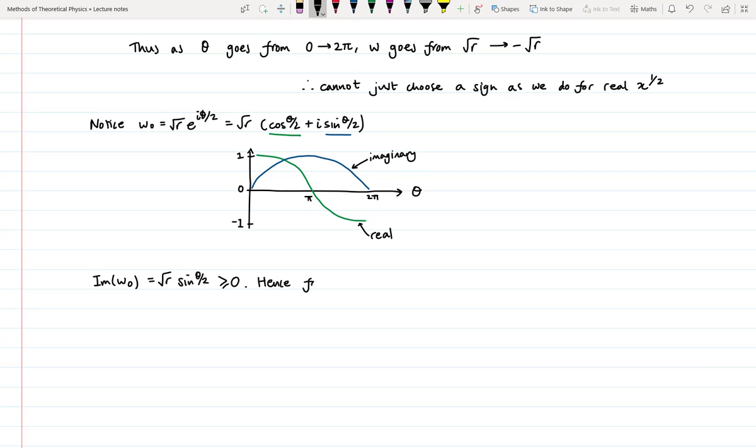Hence, for n equals 0, the function f of z is the square root of z, maps the entire complex plane, in other words, the input to the function, into the upper half complex plane.